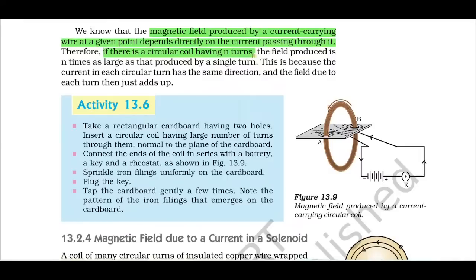If the number of turns of the circular coil is more, the magnetic field produced will be more. So the strength depends on the magnitude of the current and the number of turns of the circular coil.